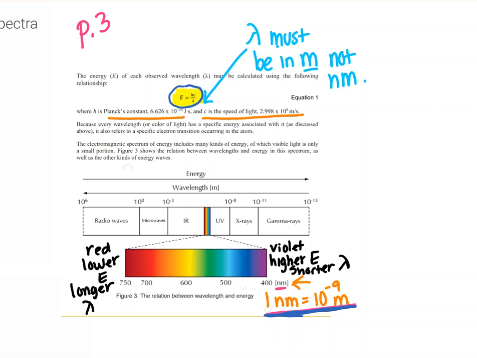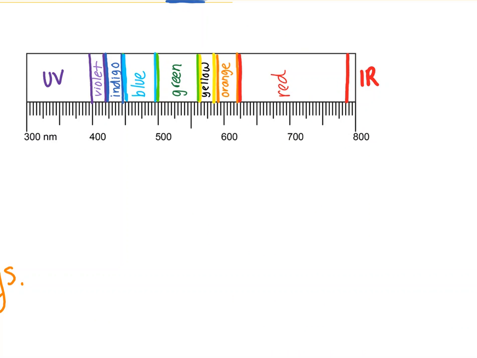Also, they give you this rainbow down here, this spectrum, and with it come the wavelengths. From this, you should know that violet light is higher energy and shorter wavelength. But I also have another tool for you. This one is a tool to go between color and wavelength, and it's a little bit more clear where to cut those off.